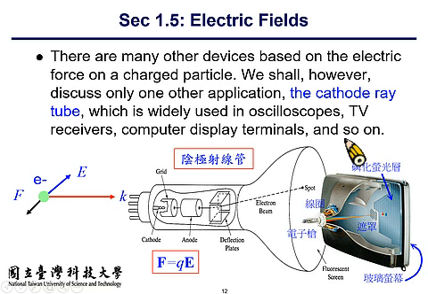Then these free electrons will be sped up by the potential difference between the anode and cathode.